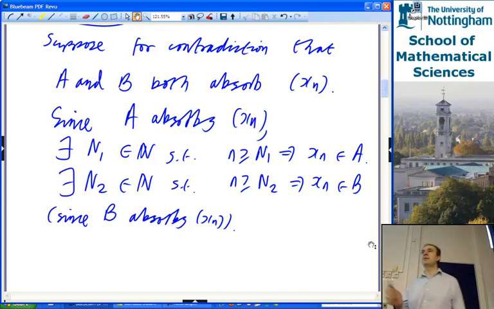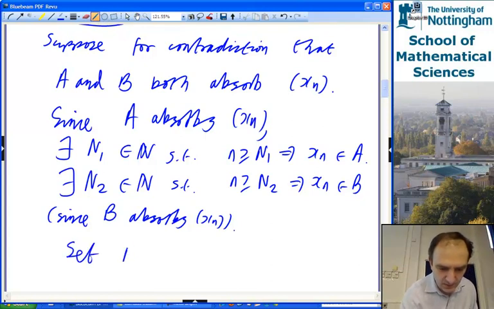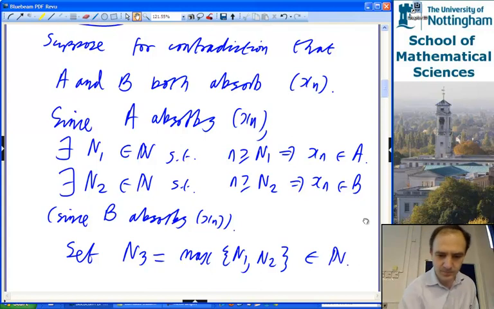Any suggestions? What could I do here to find one? Yeah? Yeah. Let's take N3 to be the maximum of N1 and N2. And of course that's still a natural number.